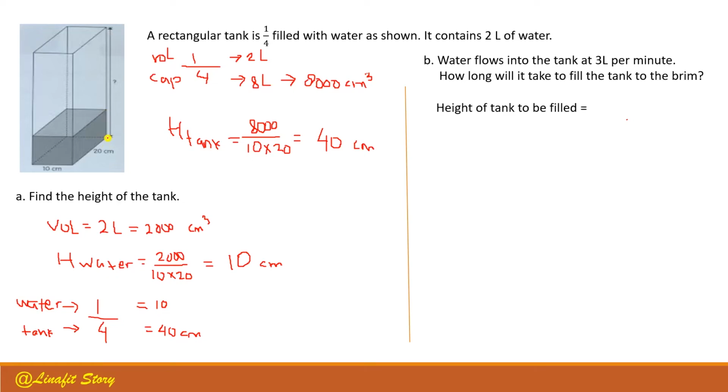So the height of the tank to be filled is 40 minus 10 is equal to 30. To get the volume flow rate is volume divided by the time taken. So the volume of tank to be filled is length times breadth times height.